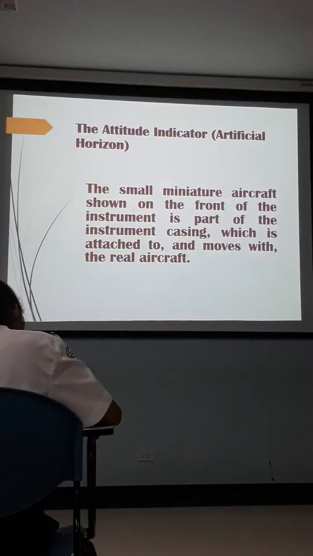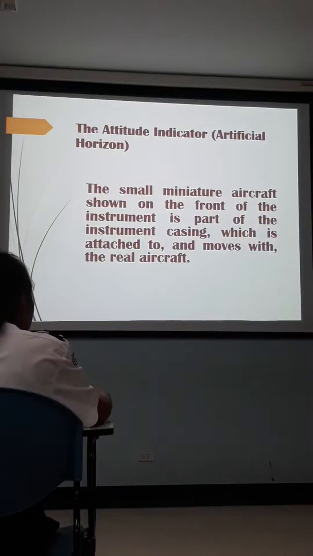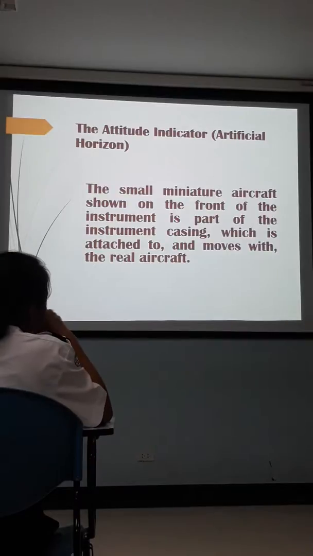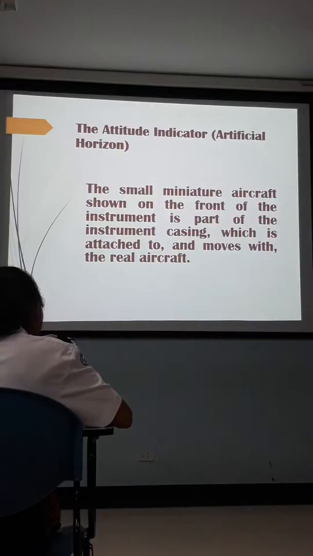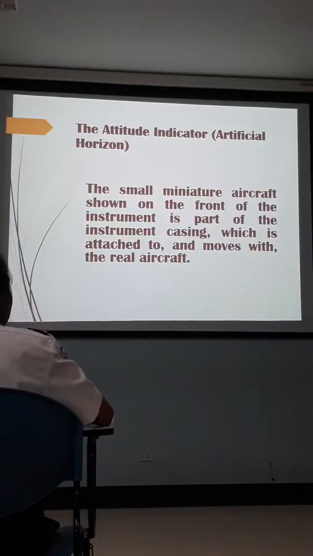So can you tell me what information you're going to get from the attitude indicator? The attitude of an airplane, or the motion or movement of an airplane. And you can put into brackets pitch and bank motion. Pitch and bank motion.